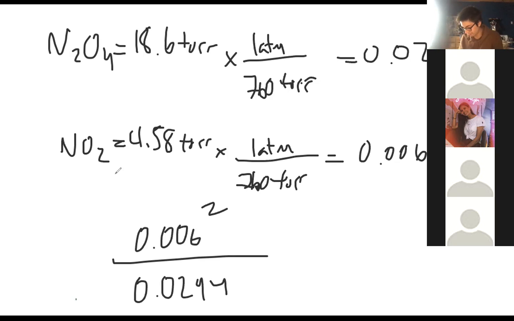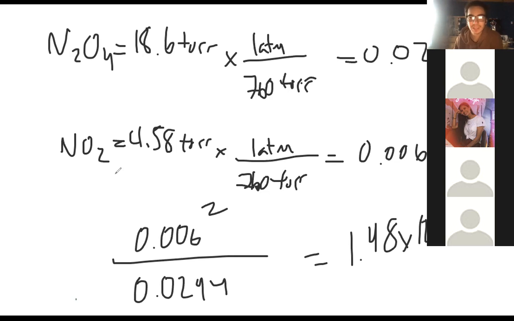And yeah, 0.006 squared divided by 0.0244. So we got 1.48 times 10 to negative 3. So yeah. Glad that's cleared up.